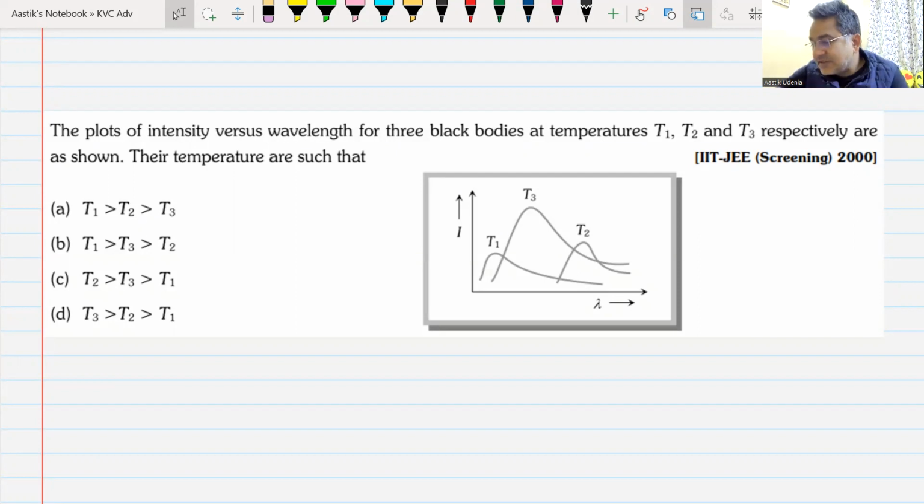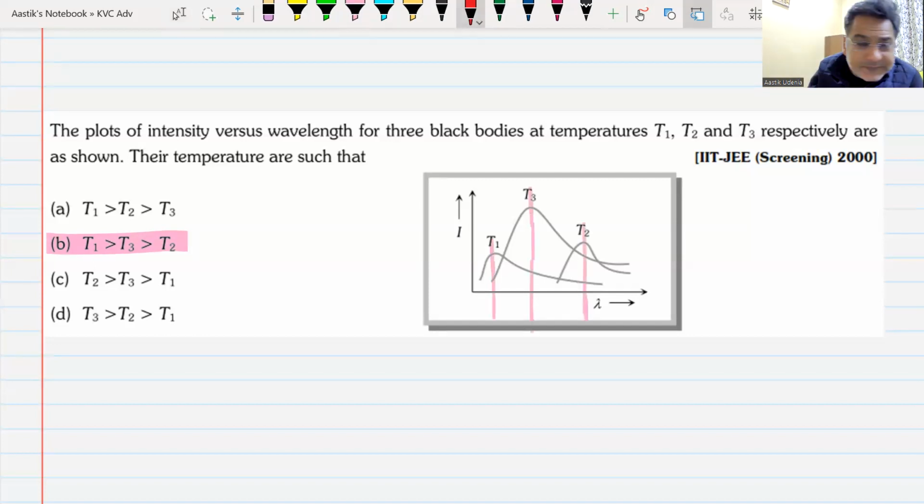Their temperatures are such that which is more, which is less. Sir, option B, sir. T1 is greater than T3 is greater than T2. That is correct. You must remember when temperature increases, the curve will shift towards the left.